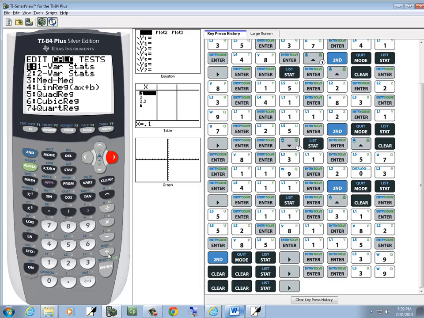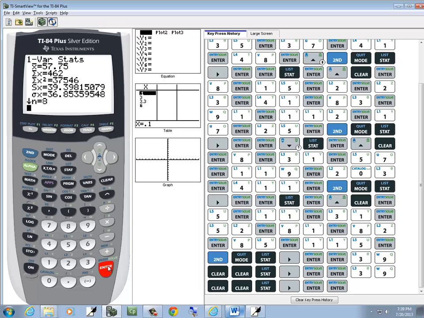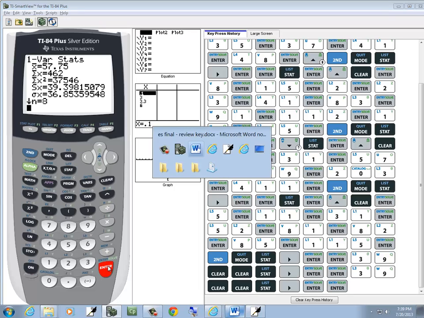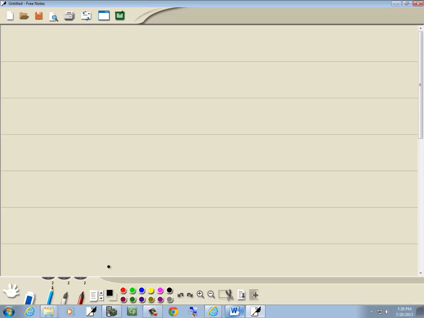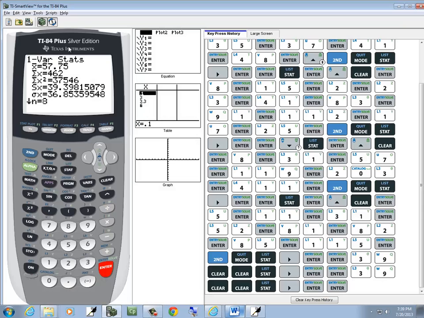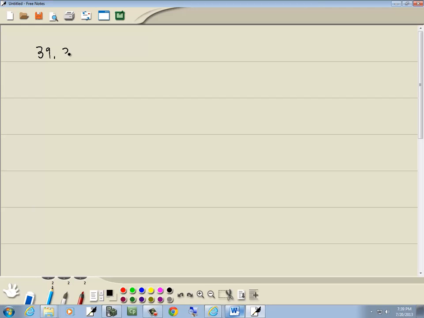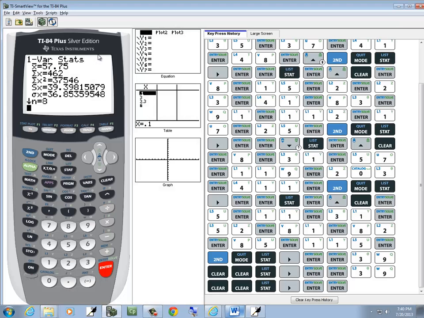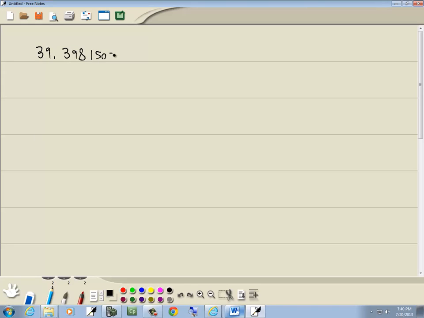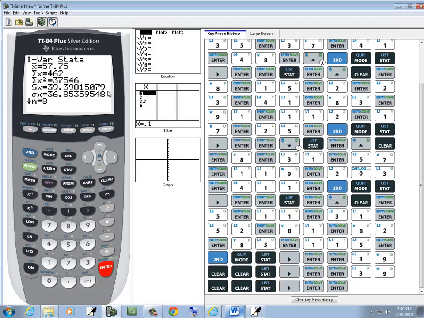Okay, go to calc, choose one var stats, enter, and let me write this down. Now, if you're good with technology, you can go to vars and access it that way. 39.39815079. Okay. And it's asking for sample variance, so I want to square that.